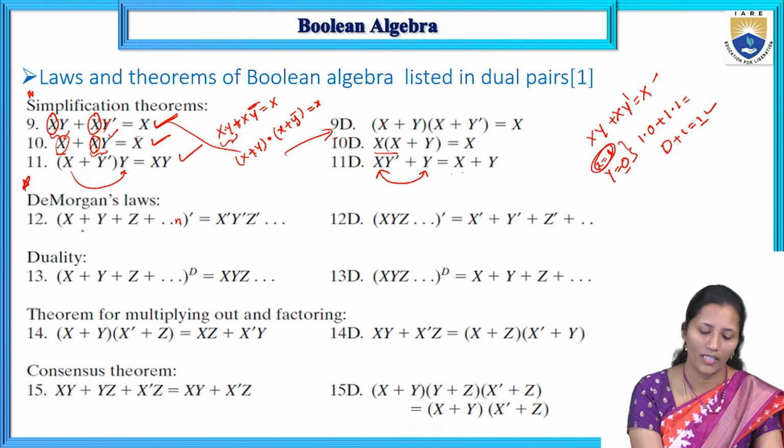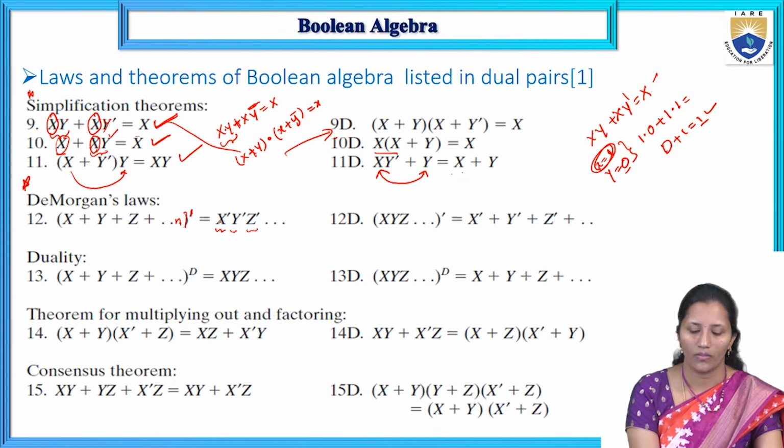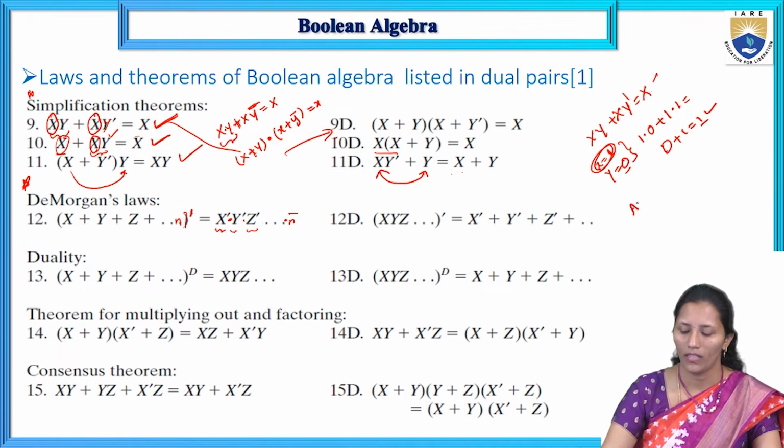So x plus y plus z plus up to n variables whole complement is equal to the product of the complement of each variable: x bar into y bar into z bar into up to n bar.